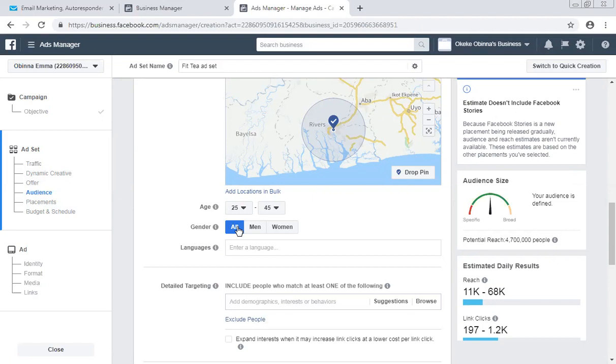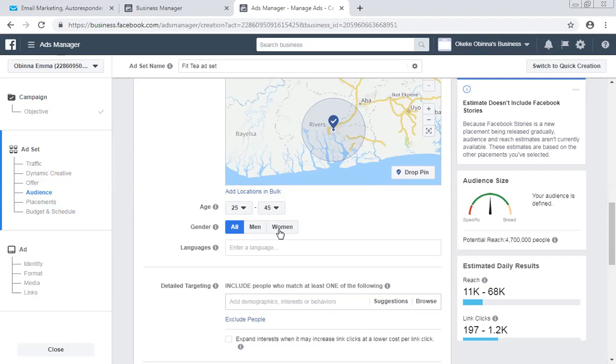And men feel different emotion than women. So a man that has pot belly, the kind of emotion he goes through or what he is obsessed over is not the same as that of a woman. So if I target both men and women, my marketing message will not be powerful.